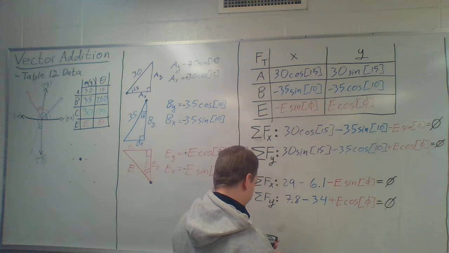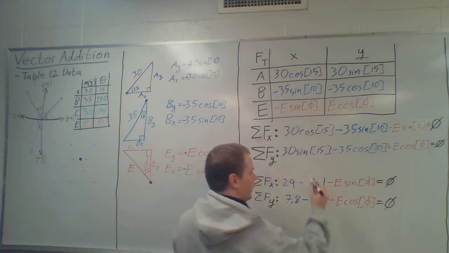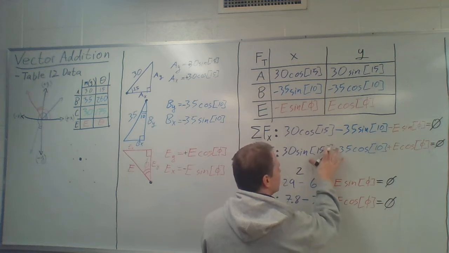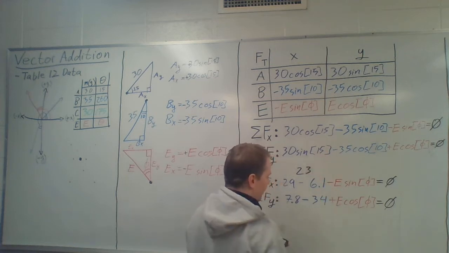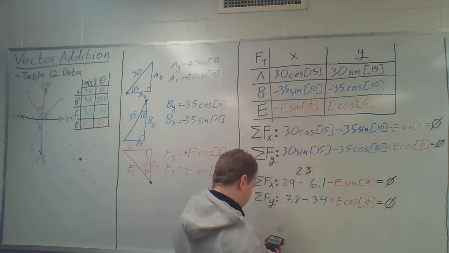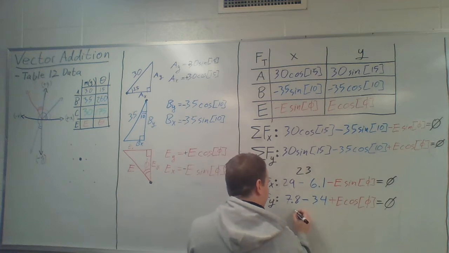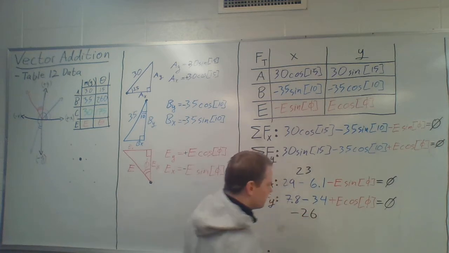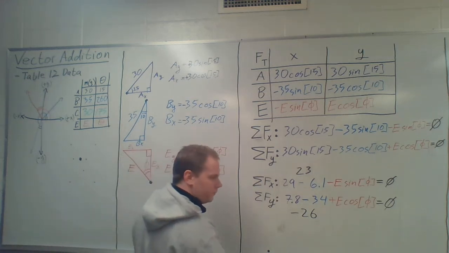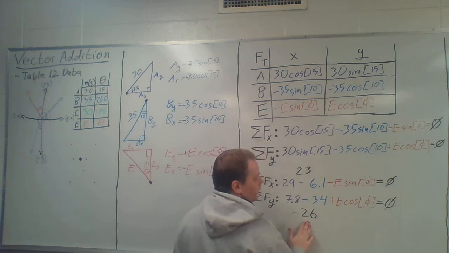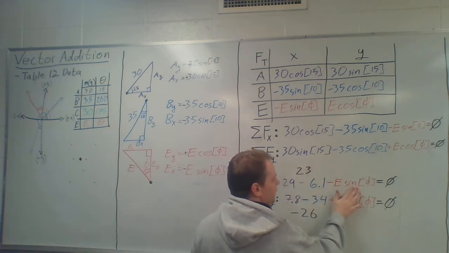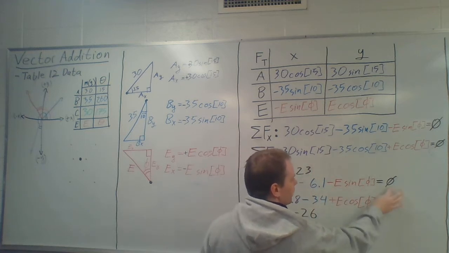So 29 minus 6.1 gives us 23. And then down here, 7.8 minus 34 gives us negative 26. So this is negative 26 plus E cosine phi, and 23 minus E sine phi are both equal to 0.